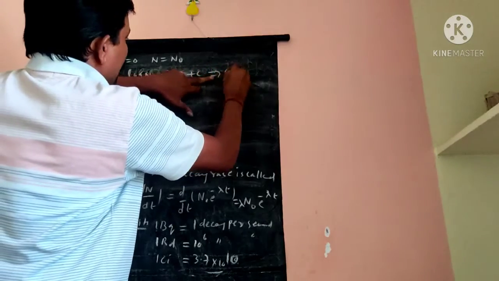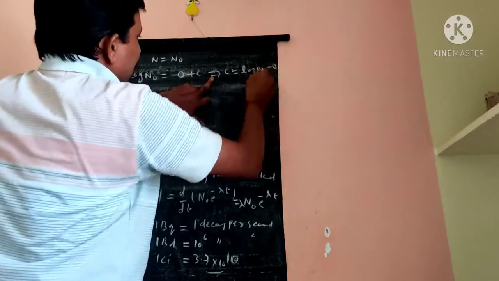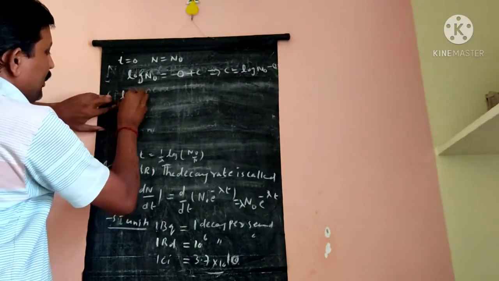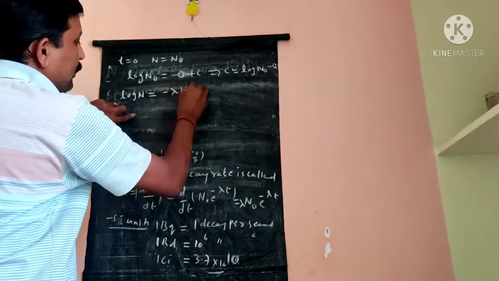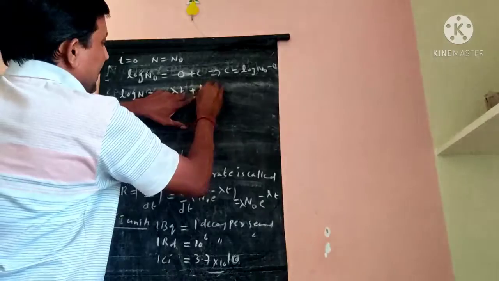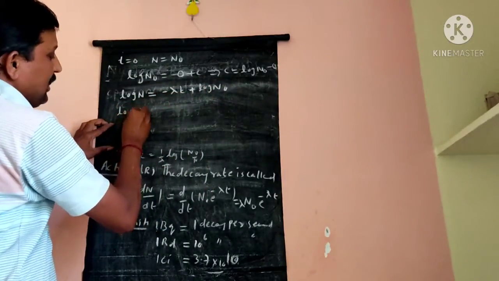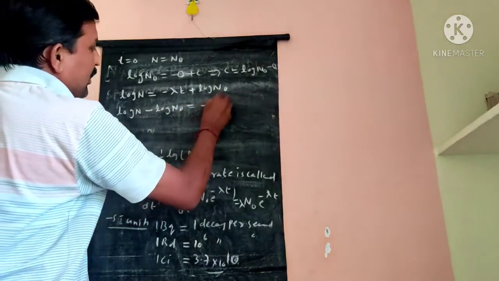Here c is equal to log N naught. This is equation number 2. Substituting equation 2 in equation 1, log N equals minus lambda t plus log N naught. So log N minus log N naught equals minus lambda t.